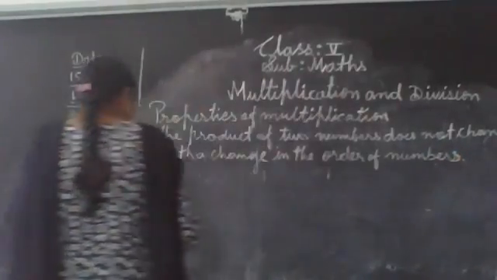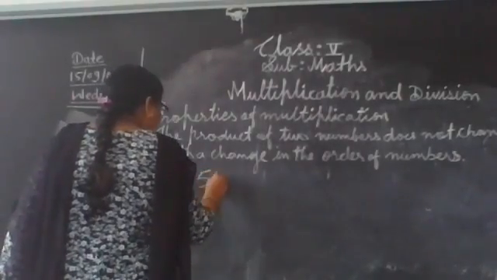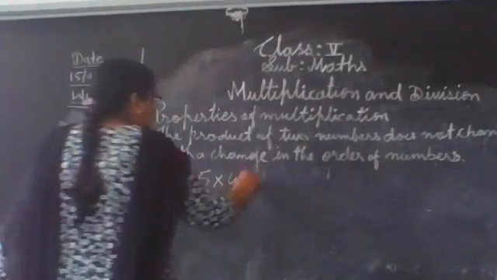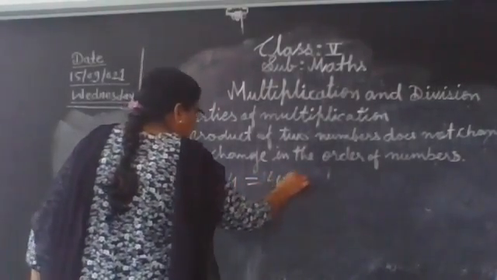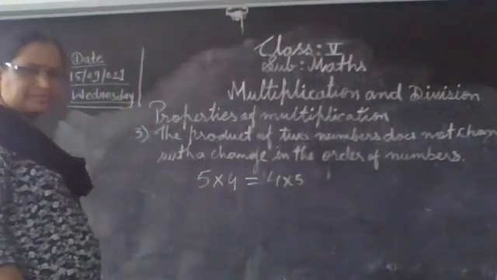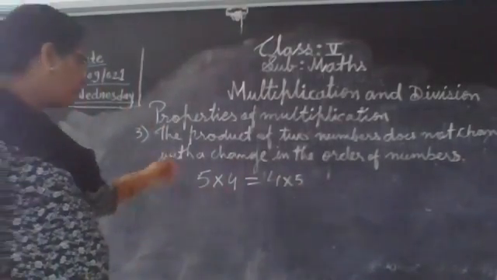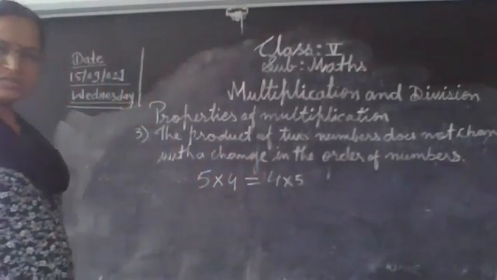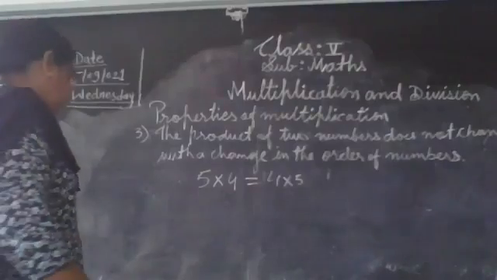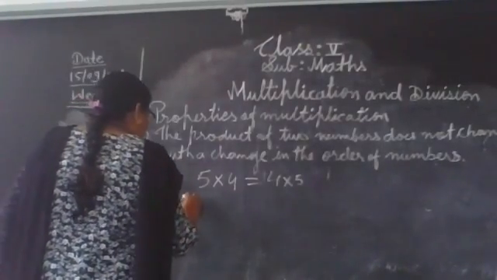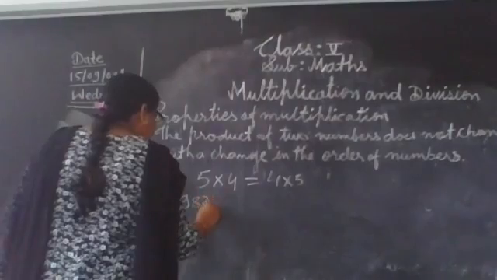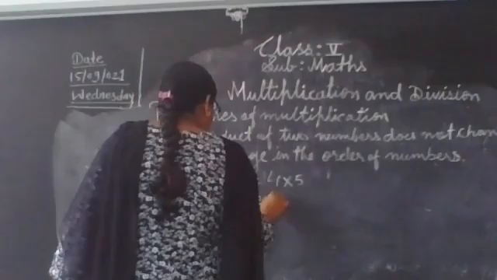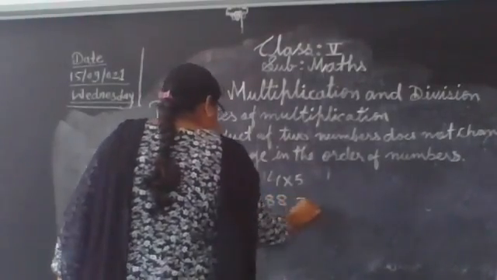For example, see, 5 multiplied by 4 is equal to 4 multiplied by 5. Got it, beta? 5 multiplied by 4 is 20 and 4 multiplied by 5 is 20.